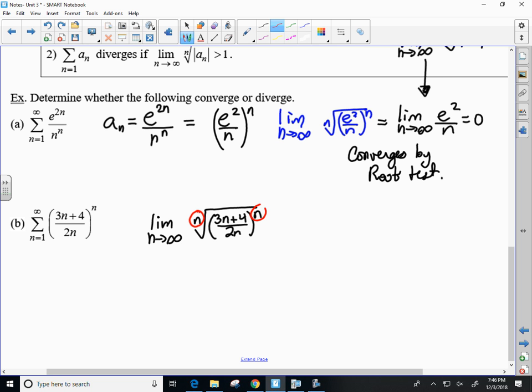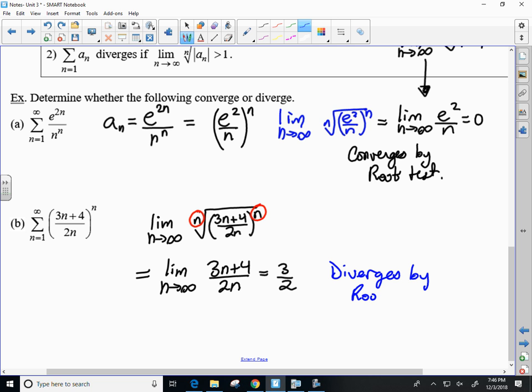Because these two match up and cancel each other, we know that we're on the right track using the root test. The result of this limit is just 3 over 2, which is not less than 1. So it diverges by the root test. Or the rot, if you're so inclined.